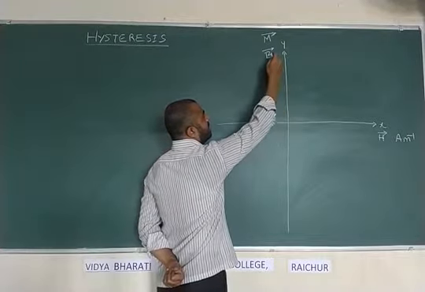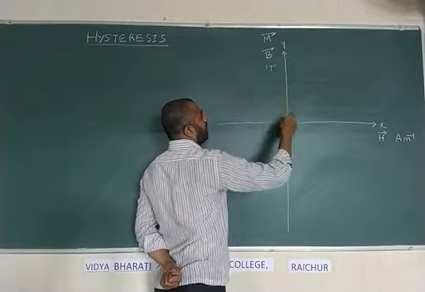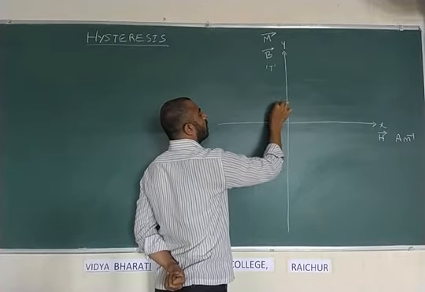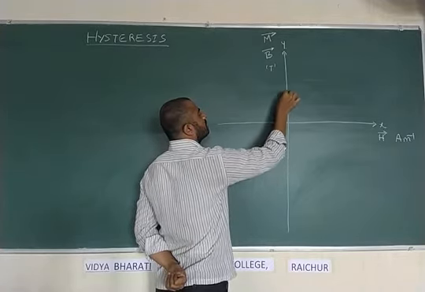Here along the y-axis, I take magnetic induction in terms of Tesla by choosing some scale: 0.5 Tesla, 1 Tesla, 1.5 Tesla, 2 Tesla, up to 2 Tesla. Along the x-axis, magnetizing field intensity is taken in terms of ampere per meter: 100 ampere per meter, 200 ampere per meter.